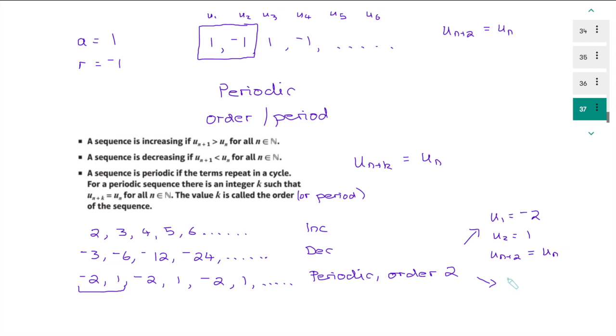But I could say that Un equals minus 2 when n is odd, and Un equals 1 when n is even. Okay? So we do have alternative ways of expressing sequences. So that's all we can say about that. It's not increasing, decreasing, it's not arithmetic, it's not geometric, it's periodic of order 2.